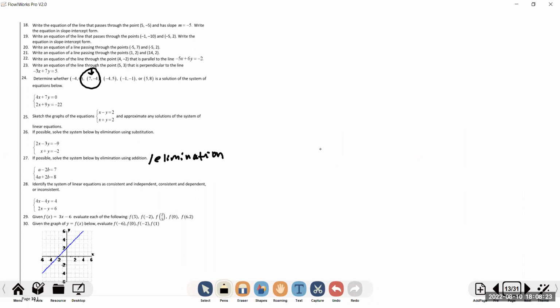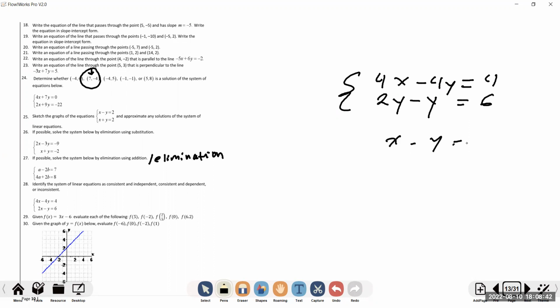Now we talked about consistent, inconsistent, dependent, and so on. So I drew those pictures for you just a minute ago. Let's reduce that first equation into x minus y equals 1.